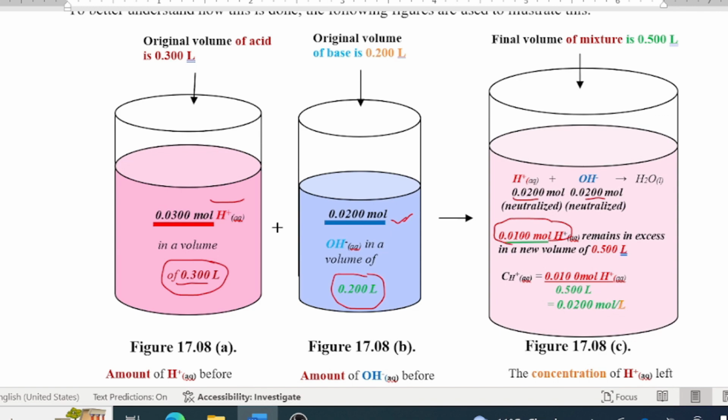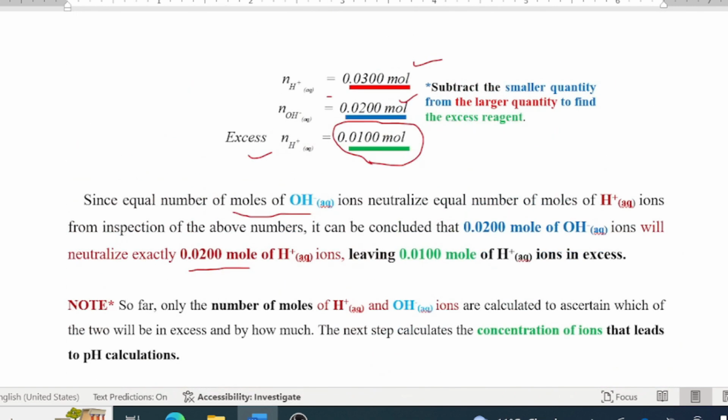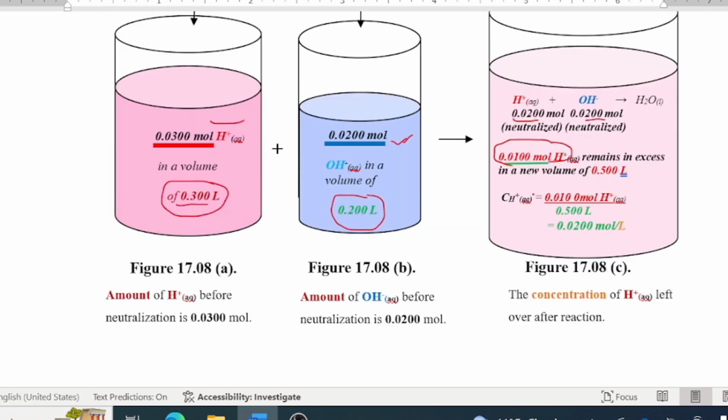All right, we did the math of that already. That's what's left in excess there. But look, that amount is left in a bigger volume, and the bigger volume is the sum of this 200 milliliters and this 300 milliliters here. So these guys are floating around now in 500 milliliters of solution.